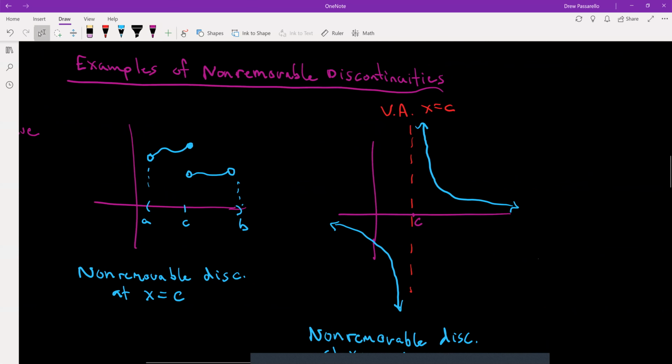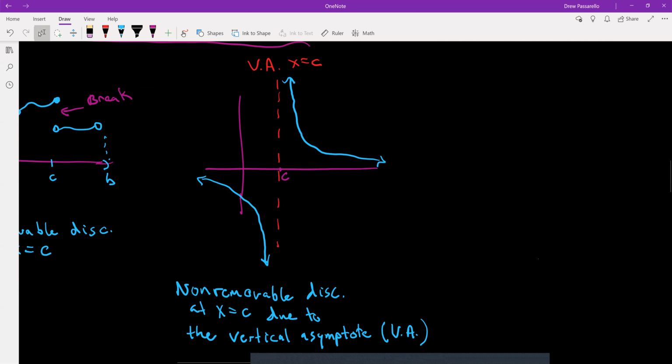This other case is a non-removable discontinuity, and that's because of a vertical asymptote. So that red dashed line is the vertical asymptote, and the graph itself never crosses that dashed line. On the right side of C, the blue portion goes up to positive infinity.